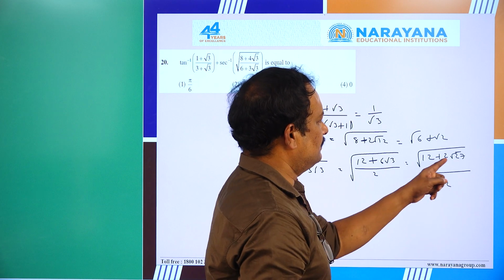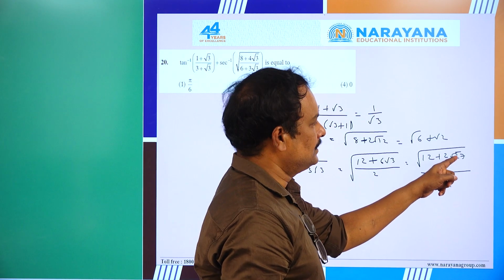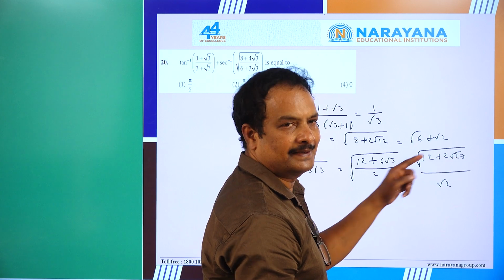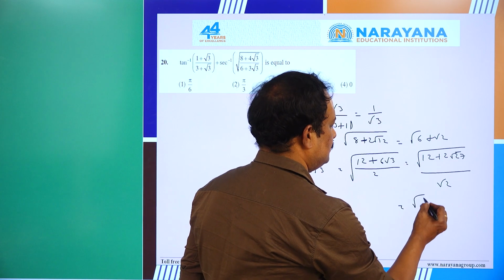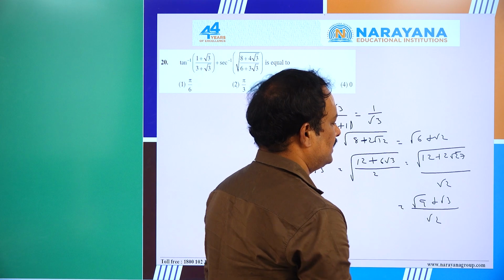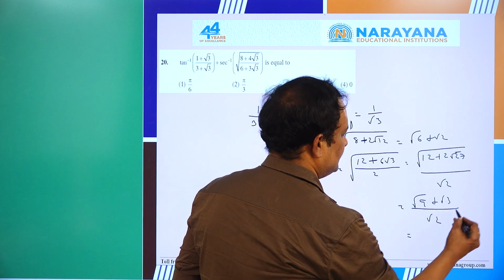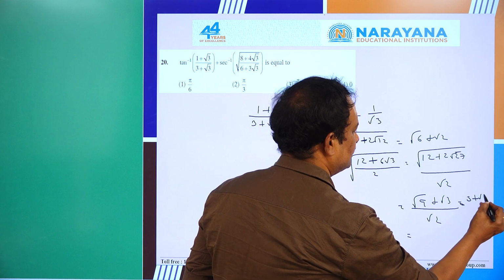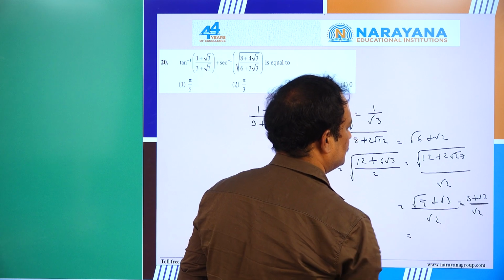Okay. So the factors of 27 are 9 and 3, so that the product is 27 and the sum is 12 there. Then it is nothing but root 9 plus root 3 by root 2. Okay. So here we have 3 plus root 3 by root 2.